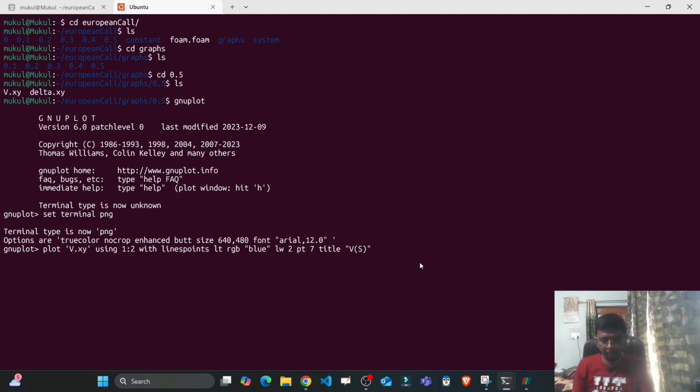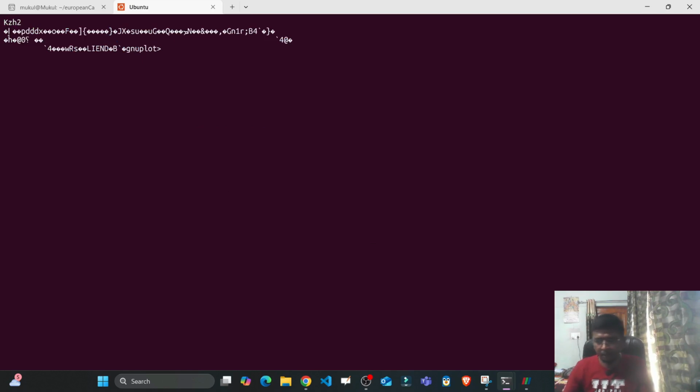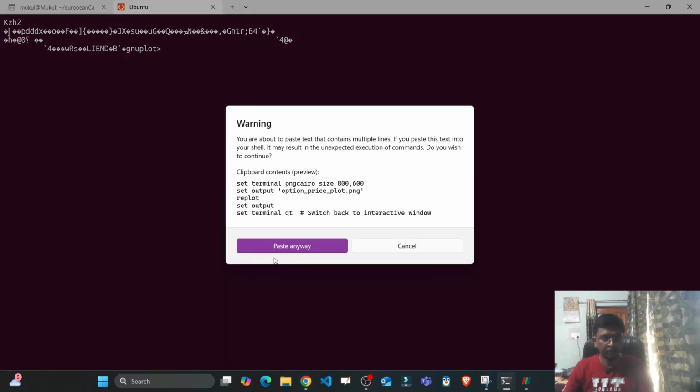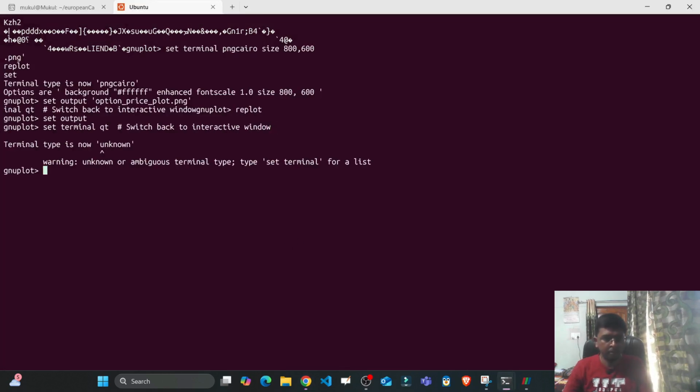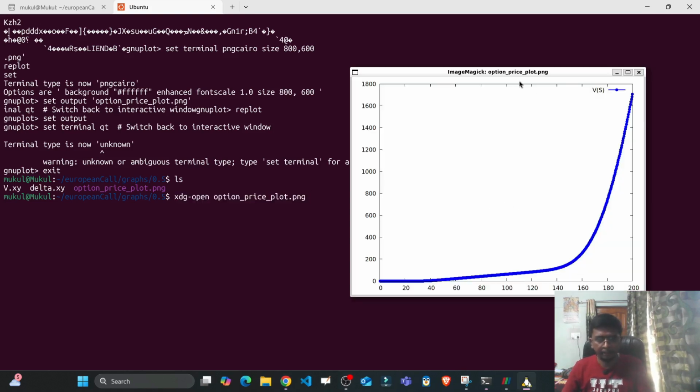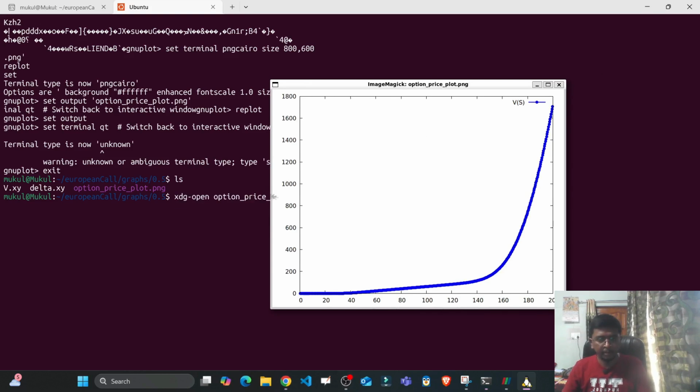It will just plot it. We press enter, it has plotted, and then we have to give how to save it. Press enter. Now we can exit, and here you can see that we have the result. To open it, you can just use this command, press enter. Yeah, so here you have got it, but no axis marking, nothing, only showing v.